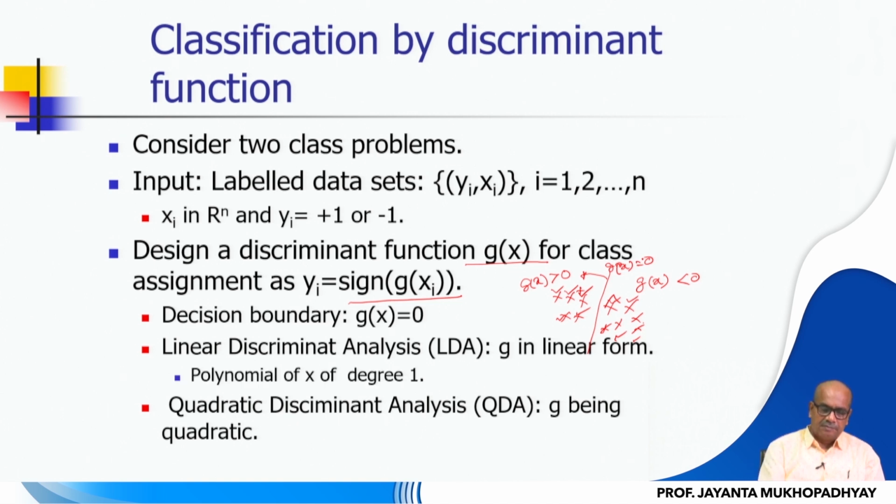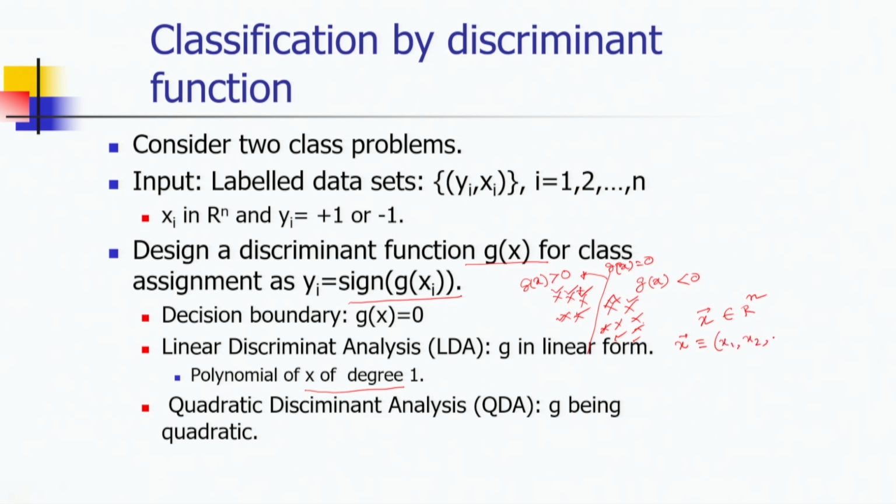When g is in linear form, it is a polynomial of x of degree 1. Suppose x is an n-dimensional feature vector, represented by this attribute set.